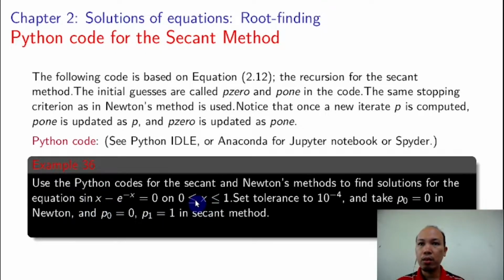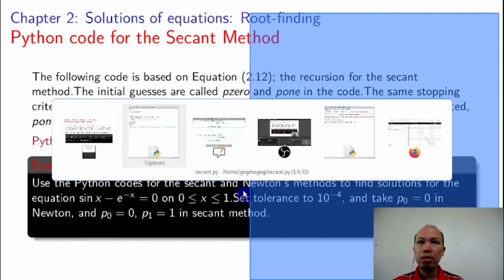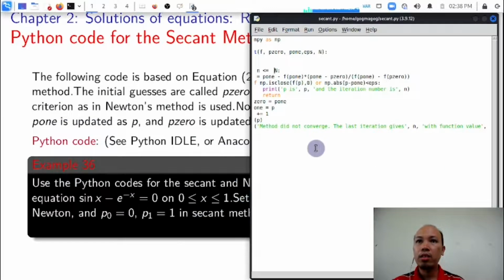So between 0 and 1. So let's try first for the secant, 0, 1, this one here for the secant method. Tolerance is 1 times 10 to the negative 4. So let's go to our code.